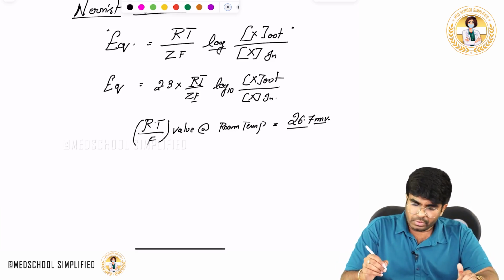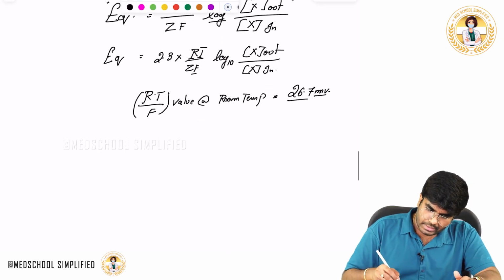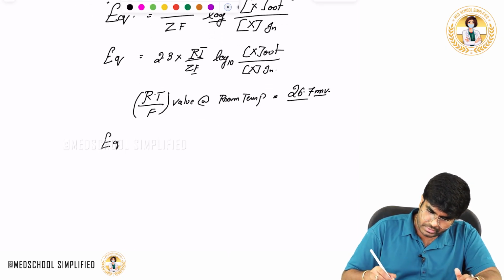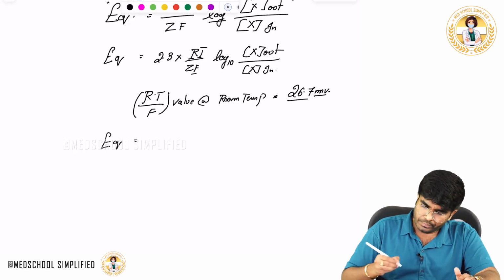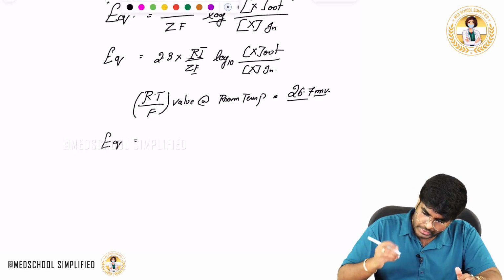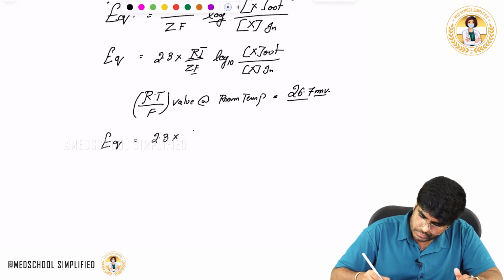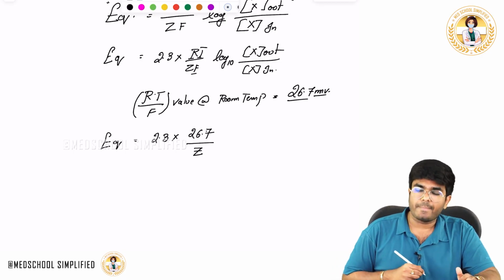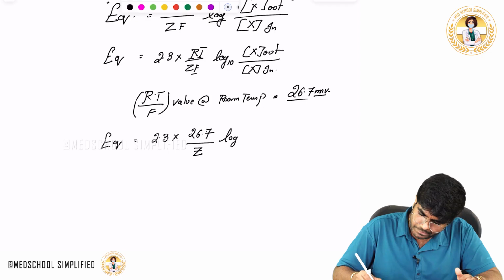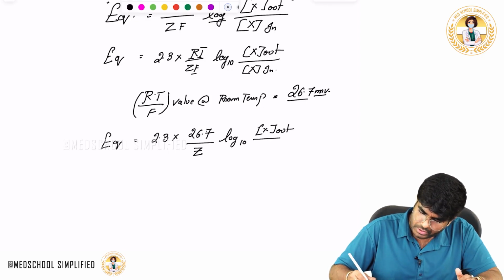Now I am going to put that in our equation. Equilibrium potential is equal to 2.3 into 26.7 by Z log base 10 of the concentration of the ion outside the cell by the concentration of the ion inside the cell.